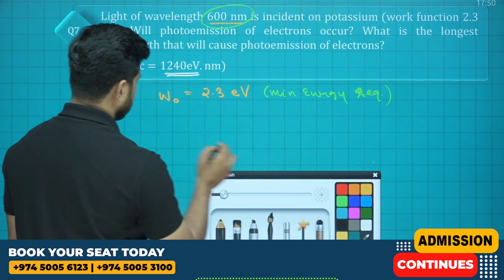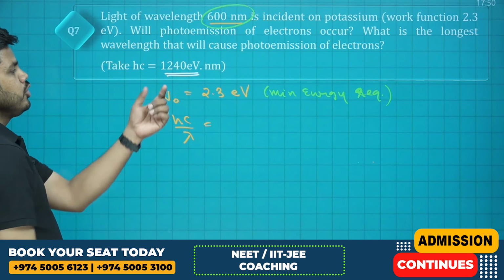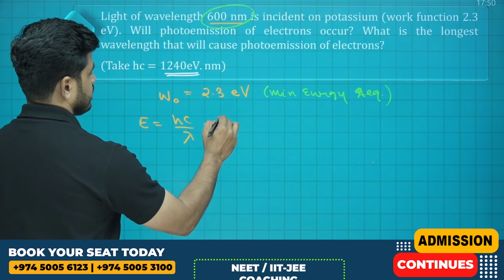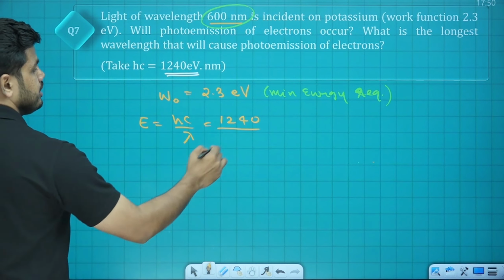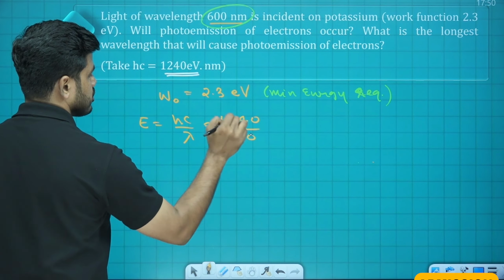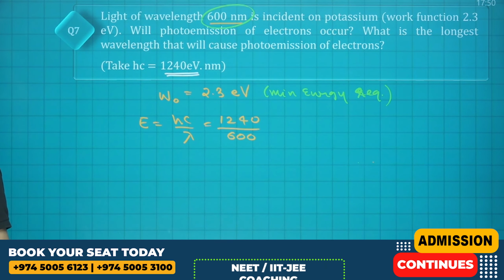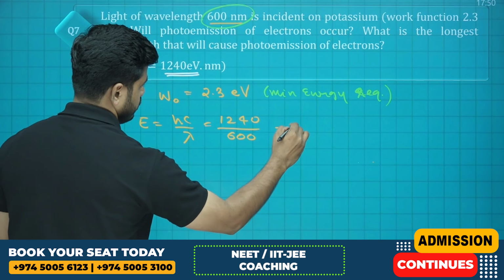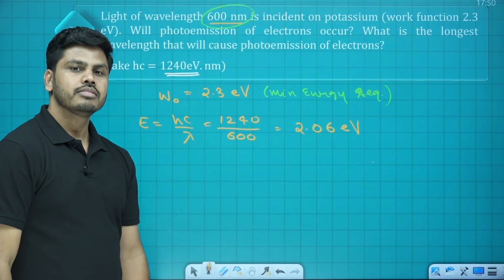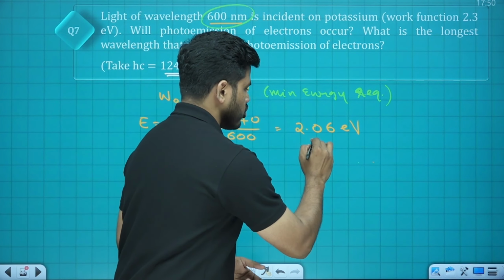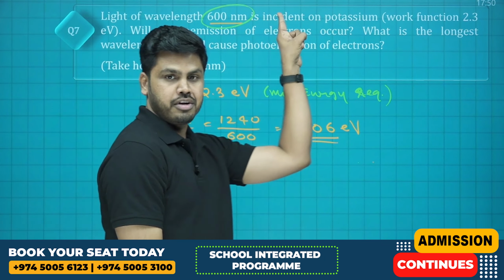We can use E is equal to hc by lambda, and you are given hc as 1240 divided by wavelength in nanometer. So 1240 divided by 600, and that value is some 2.06 electron volt.